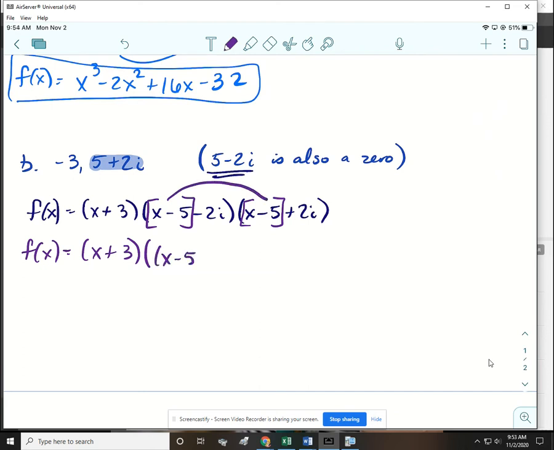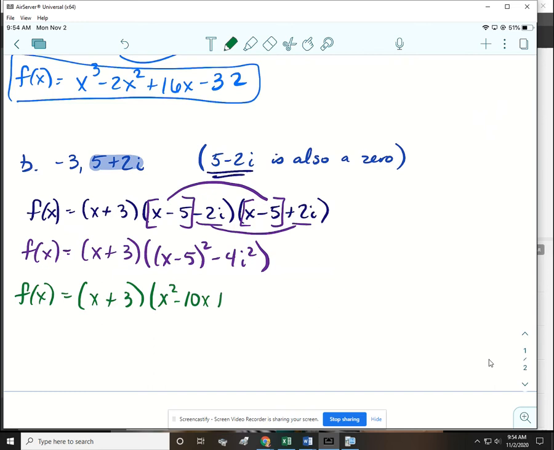I can do the shortcut. x minus 5 times x minus 5, and then negative 2i times positive 2i. Okay. We have a little bit to do before we're ready to multiply again. So I would square x minus 5. And then negative 4i squared is really plus 4. And then once I combine my like terms in there, I'm ready to multiply again.